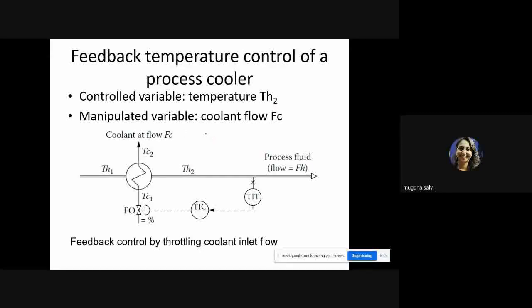You have one more variable, which is the measured variable. Here in this case, the measured variable and the controlled variable are the same, that is the exit temperature TH2.